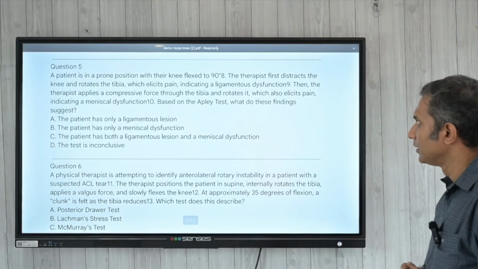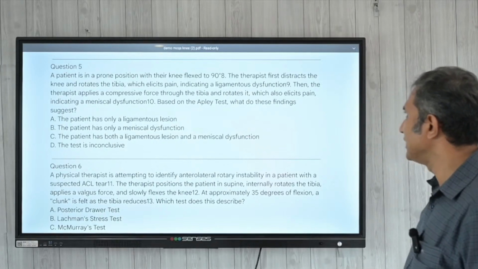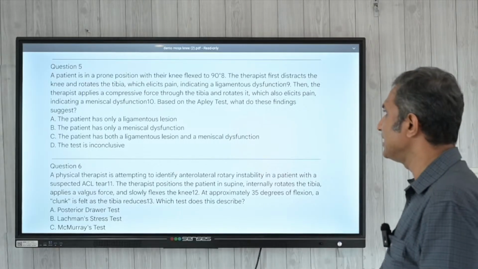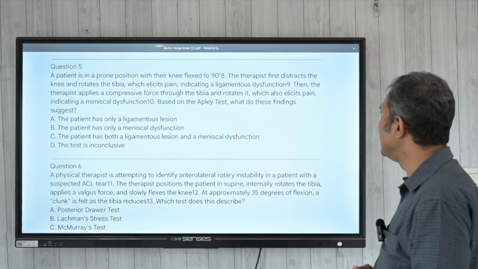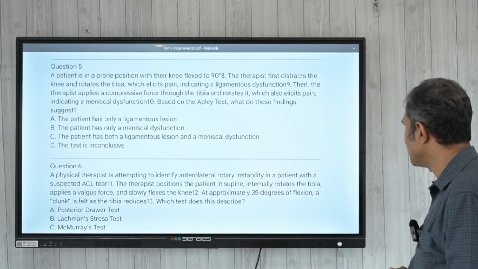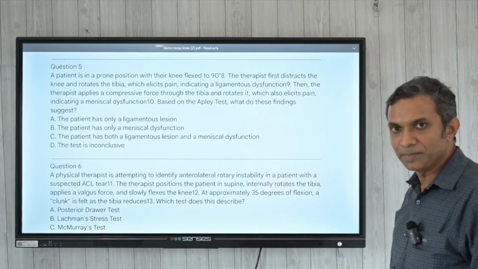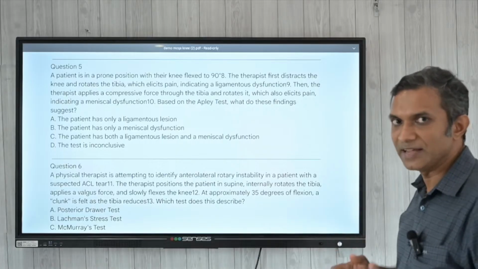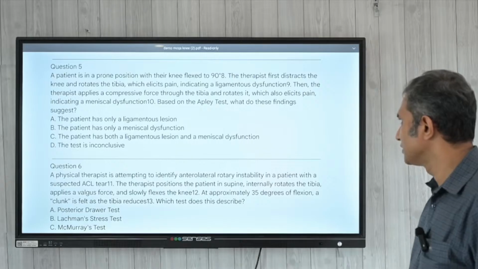Question 5. A patient is in prone position with knee joint flexed to 90 degree. The therapist first distracts the knee and rotates the tibia, which elicits pain indicating ligamentous dysfunction. Then the therapist applies a compressive force to the tibia and rotates it, which elicits pain indicating meniscal dysfunction.